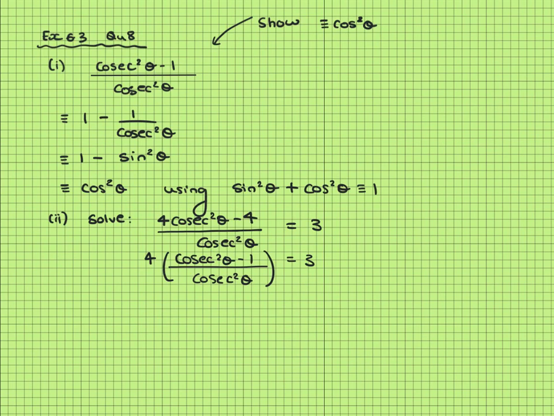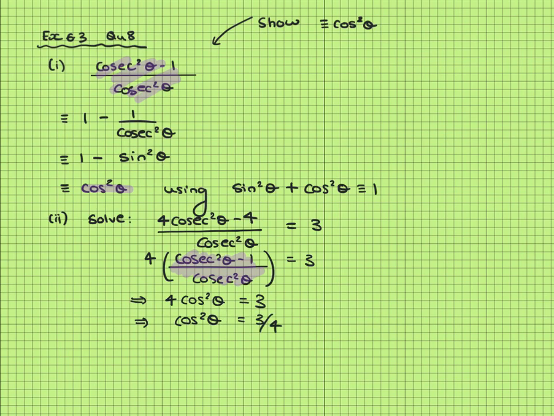So we now know, of course, that this is this, and it's equivalent to cos squared theta. So this then gives me 4 cos squared theta equals 3, which gives me cos squared theta equals 3/4.